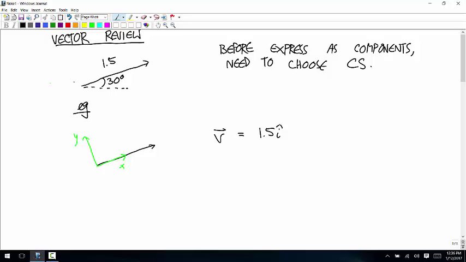So 1.5 i, 0j, you can just leave that off.